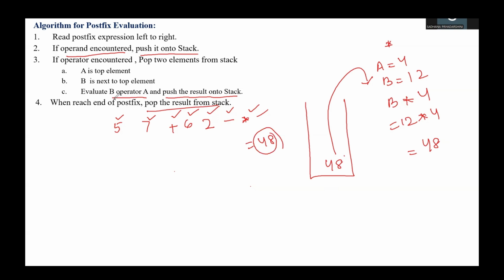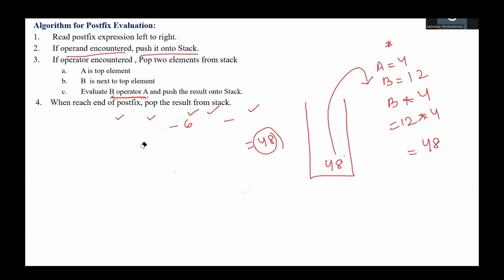Remember, whenever we go for evaluation, it is B operator A, never A operator B. As per the rule, we have to evaluate B operator A, not A operator B. This is the thing we have to remember whenever we perform evaluation of any string.